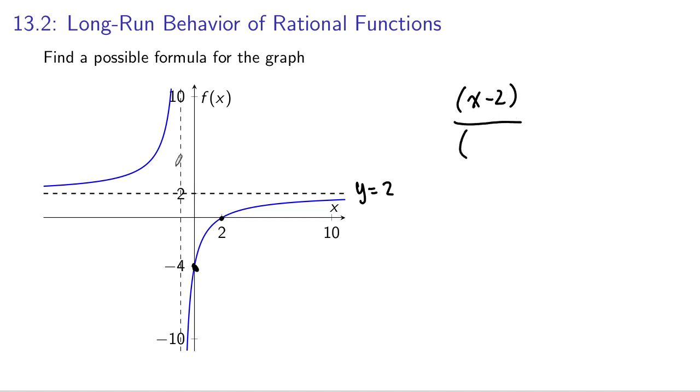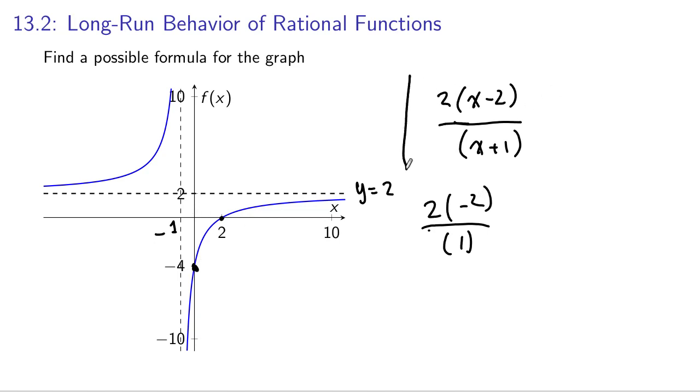In the denominator, we have a vertical asymptote at, this is at 1. Sorry, at -1. So x plus 1. We need our ratio to be 2 in order to get this long run behavior, and that better make our y-intercept -4. So let's check that. We have, yes, -4. Okay, so both the long run behavior and the y-intercept can help us figure out this constant here, and that's the answer.